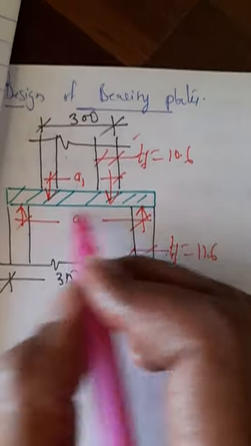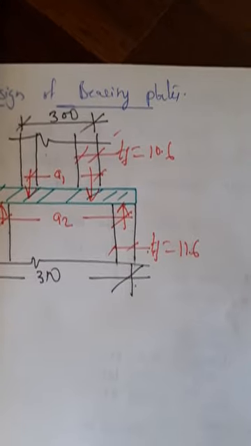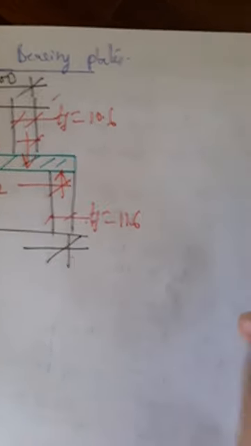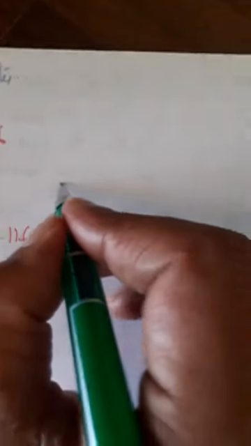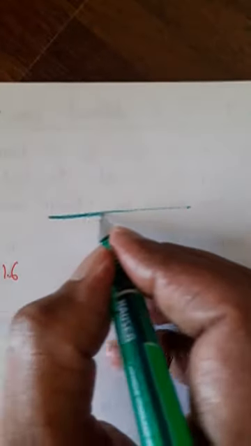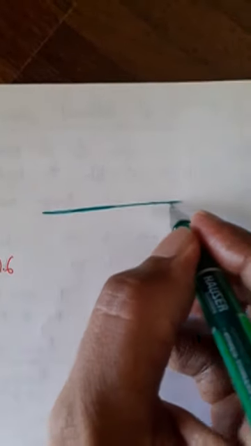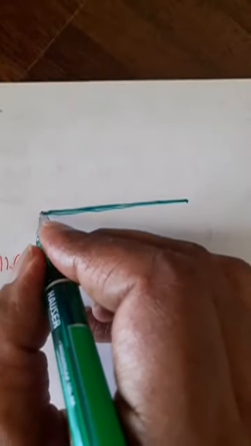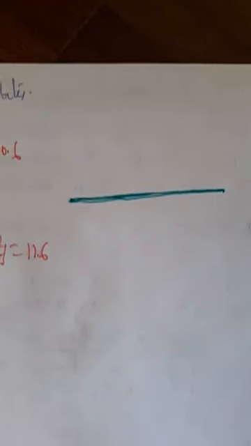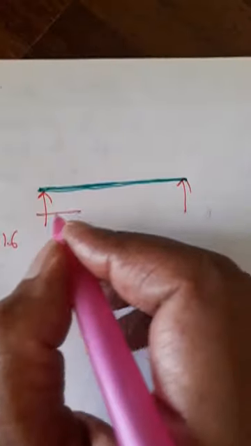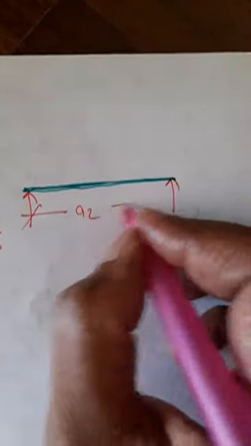Now load is transferred through these two point loads. So I am going to draw a line diagram for this. Free body diagram I am going to draw. Here bottom reactions, here too.